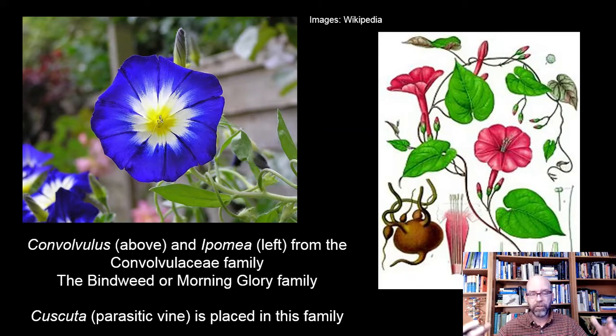Once the genome was looked at, they realized they're really not that different from, in fact, they're nestled inside of the Convolvulaceae, which is the family that includes Convolvulus, which is morning glory, and Ipomoea, another popular vine with a pretty flower.